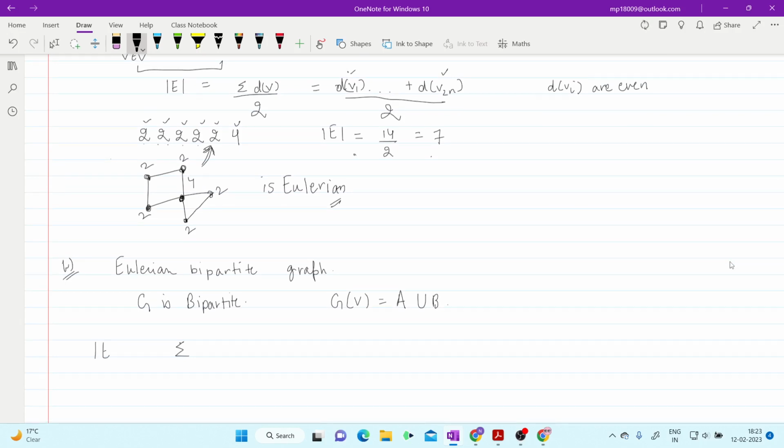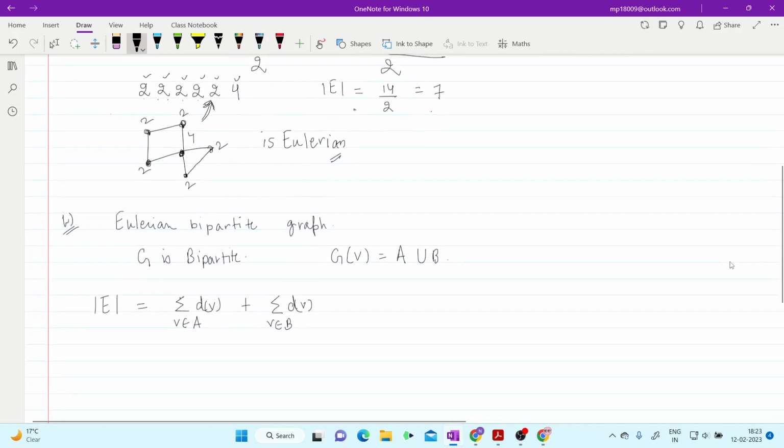The total number of edges is the sum of d(v) for v in A plus the sum of d(v) for v in B, divided by 2. We have that this is even and this is also even.